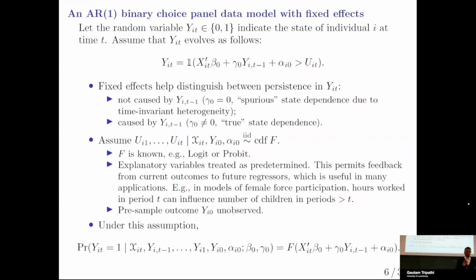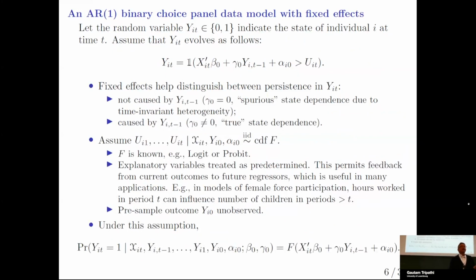So here's a simple nonlinear dynamic model. It's an AR(1) model, so it only has one lagged outcome as one of the explanatory variables. So y takes values 0 and 1, so it is a Bernoulli random variable.